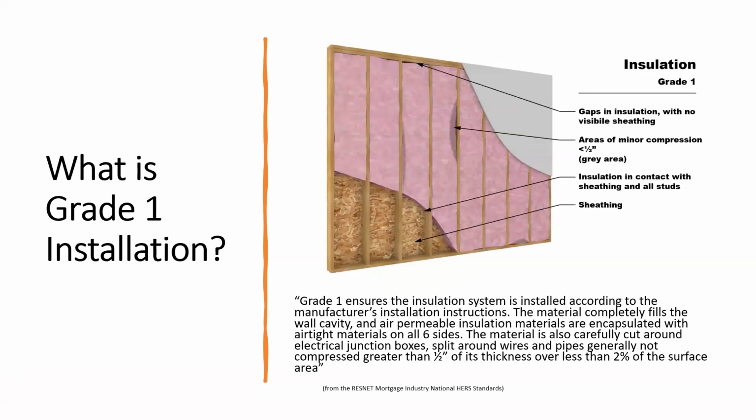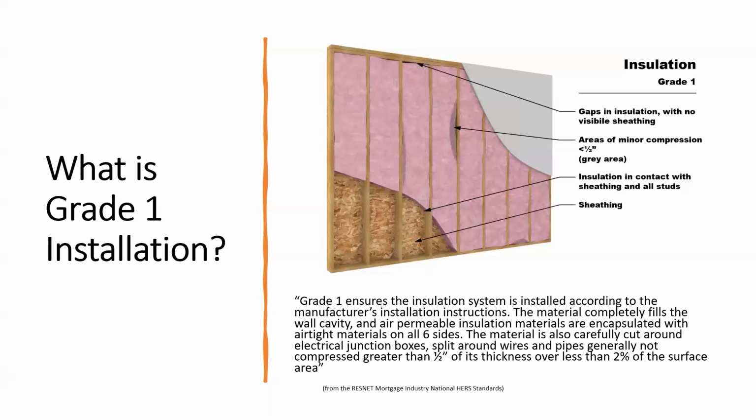Here is something ResNet finally updated. Thankfully, this has probably been years ago, and I just now did a search for it. But they finally updated their graphical pictures of what it looks like when you define grade 1, grade 2, and grade 3. So it's easier to look at it and to be able to have your eyes adjust to what that actually looks like. So grade 1 ensures insulation system is installed in accordance with manufacturer's installation instructions.